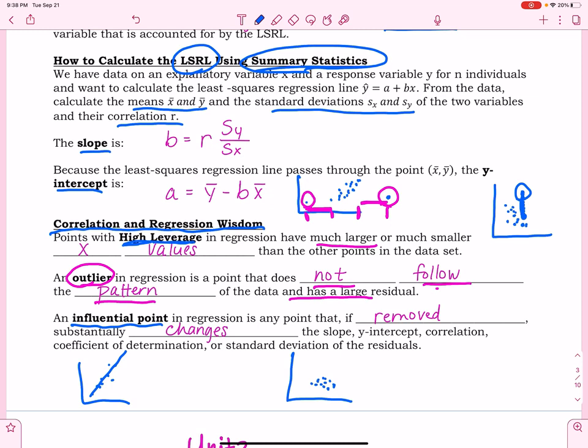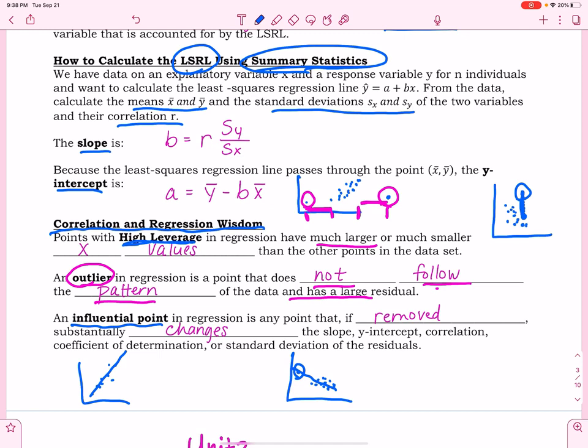Okay, so now let's look at a situation where you have this. Okay, so this point right here, it is not considered an outlier because it doesn't have a large residual. It's in line with the rest of the data. It's just kind of far away. So it does have high leverage, and it is an influential point because it is strengthening that relationship. See, it's extending that linear relationship.